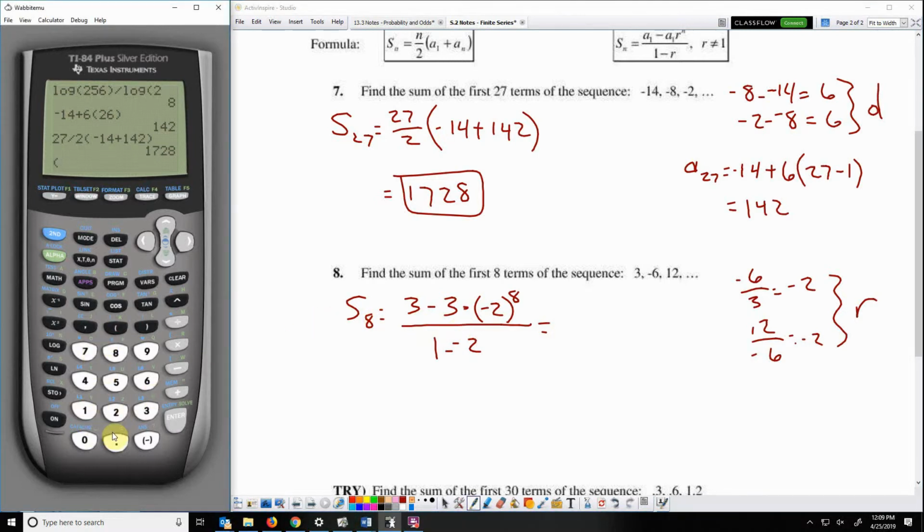Okay, so I'm going to put my numerator in parentheses, 3 minus 3 times negative 2 to the 8th power. I'll close the parentheses on that numerator, divided by 1 minus negative 2, that is 3, negative 255 is the sum of the first 8 terms of that sequence.